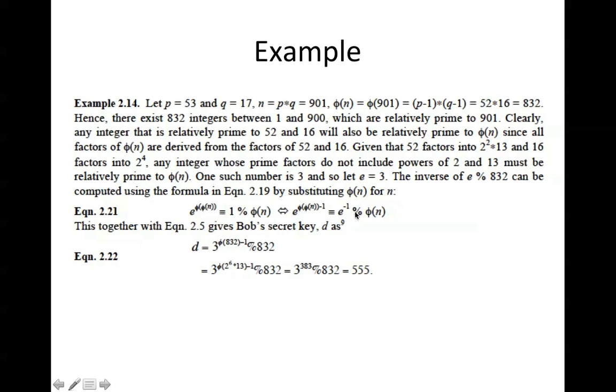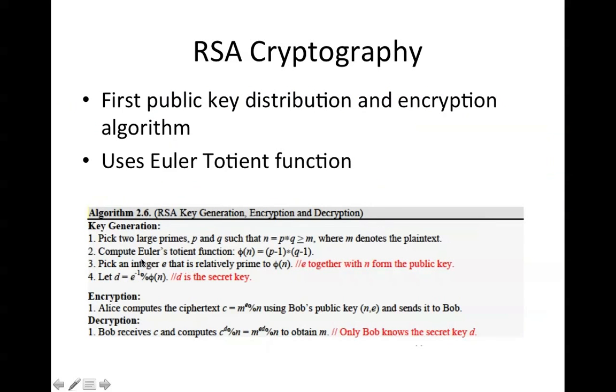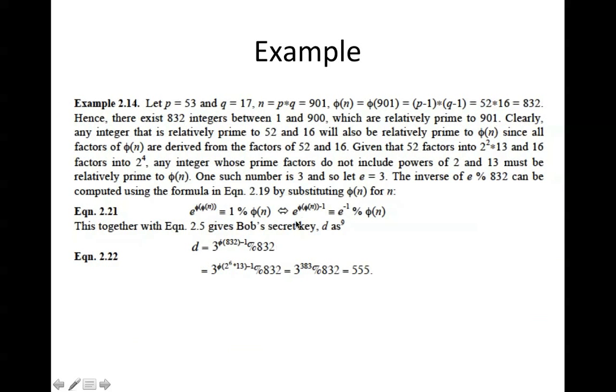The point of this is that now we can compute the inverse of E mod the totient of N, and that would be what our D would be. We compute that number simply by doing this. I'm just giving you a formula here to compute this thing.